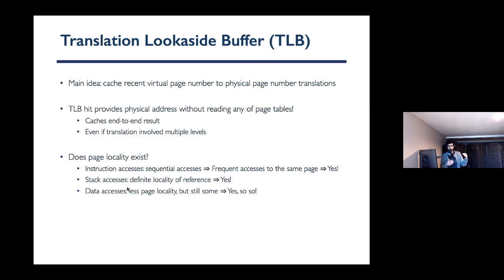The killer example for this is an array, right? Your array is mapped to some page, and then you keep iterating through all the elements of that array again and again. So you have temporal locality in that case. And in the case of an array, you probably also have spatial locality, because if you access one element, you're going to access the other element.